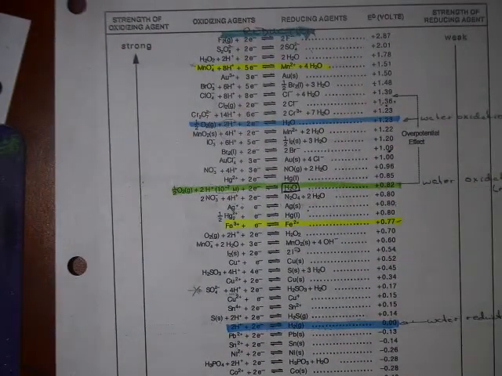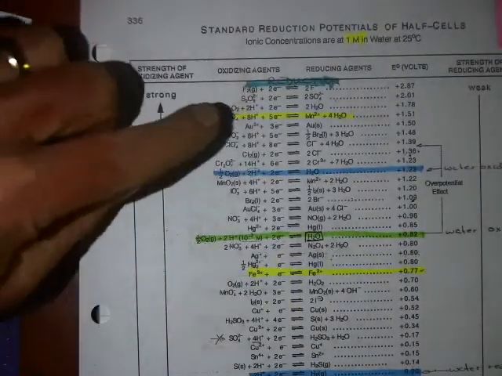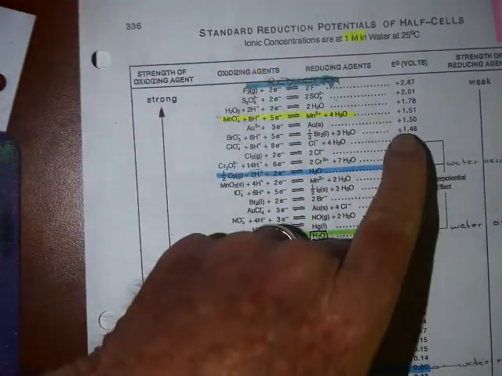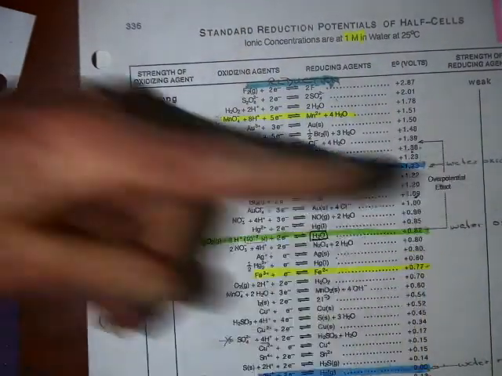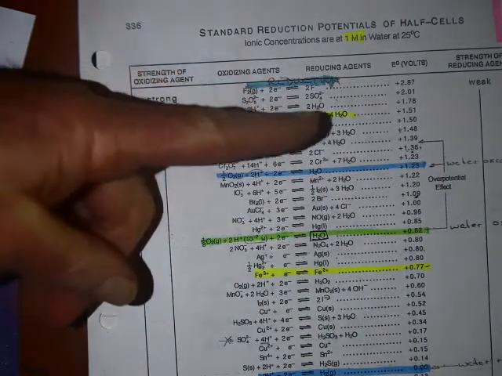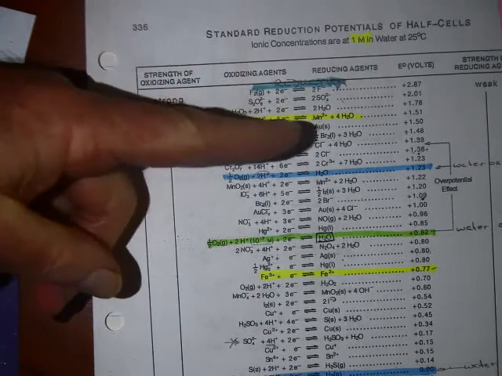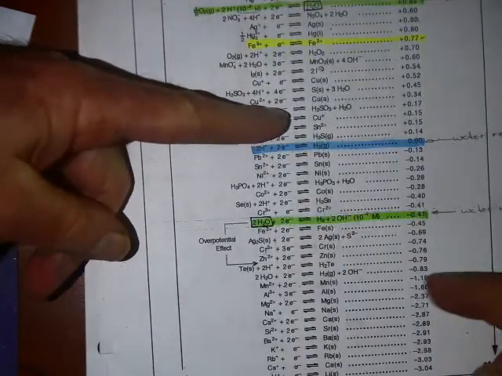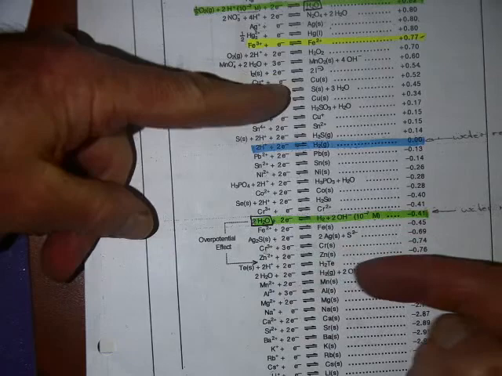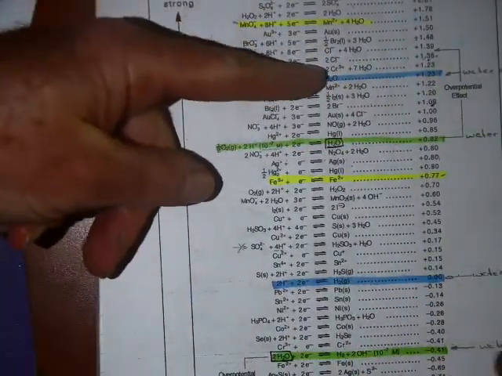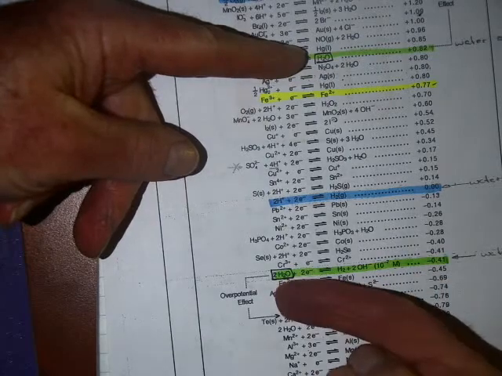What it means is that the ones at the top here, the positive voltage means that its preference is to go this way. The ones at the bottom, their preference is to go this way. So in other words, these guys prefer to be reduced. These guys in the bottom prefer to be oxidized.